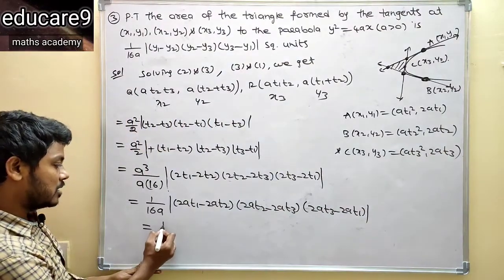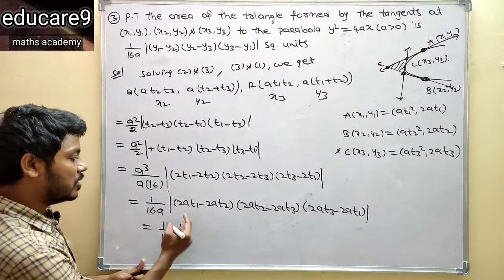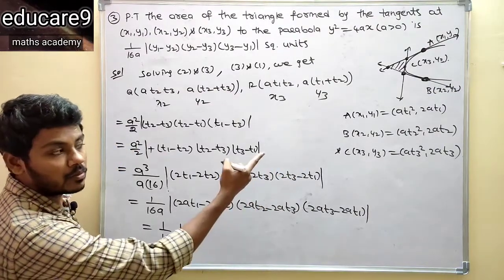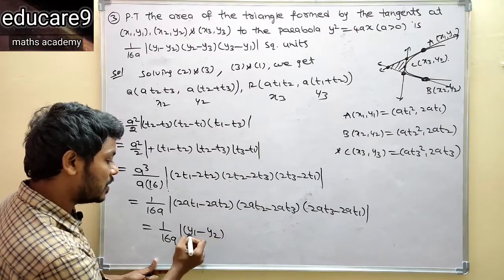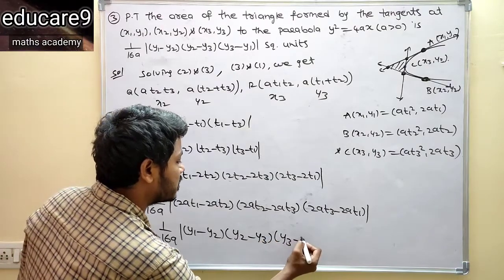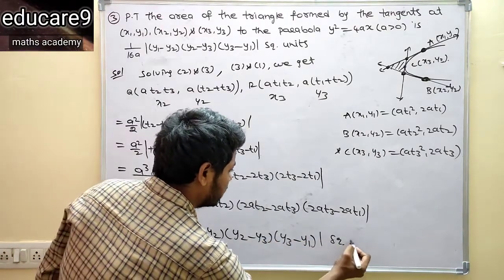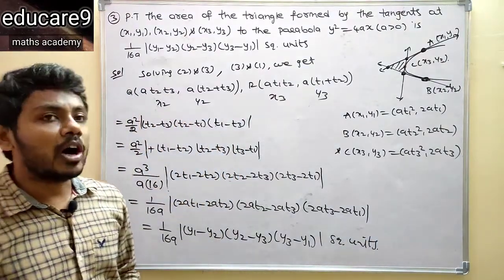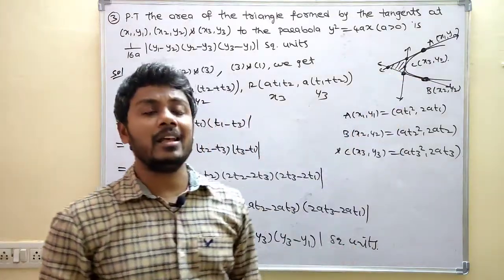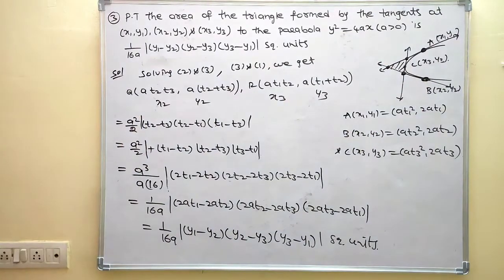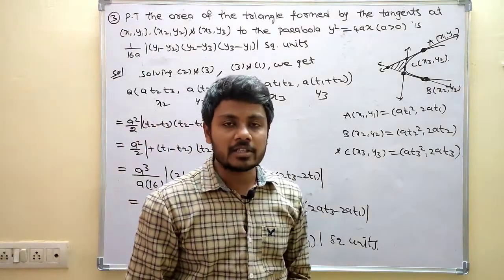So here that is 1 by 16a into 2a t1 y1, 2a t2 y2. Similarly, this is y2 minus y3, y3 minus y1 square units. So this is the area of the triangle formed by the three tangents at 3 points on the parabola. For the next session we will discuss more problems.